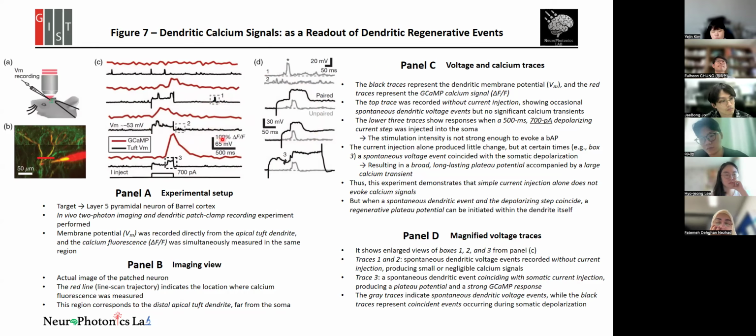And trace 3 is a spontaneous dendritic event coinciding with somatic current injection, producing a plateau potential and strong GCaMP response. And the gray traces indicate the spontaneous dendritic voltage events, while the black traces represent coincident events occurring during somatic depolarization.